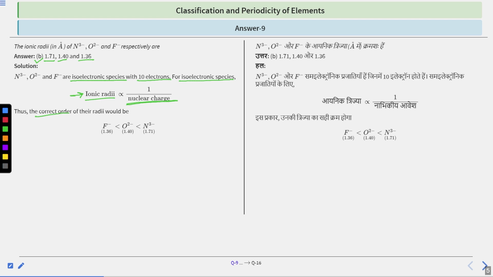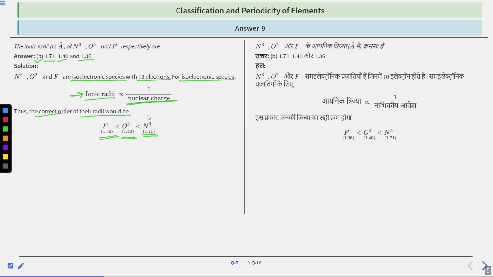So the correct order of their radii would be: nitrogen having 3 negative charge should have the largest ionic radii because it has the lowest nuclear charge. So lowest nuclear charge, highest ionic radii. So 1.71 is the ionic radii for nitrogen 3 negative. Then for oxygen 2 negative, the radii will be 1.40, and for fluorine negative, the radii will be 1.36.